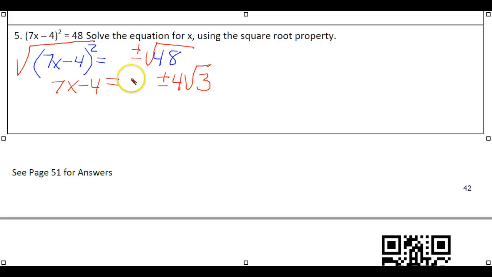Transpose this negative 4 on this side, becomes a positive 4. And now we just divide both sides by 7. And we get x equals 4 plus or minus 4, the square root of 3, divided by 7.